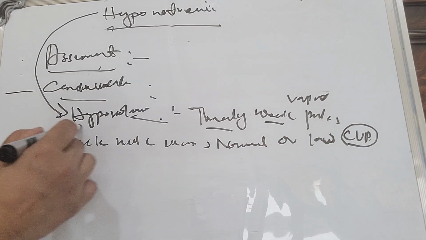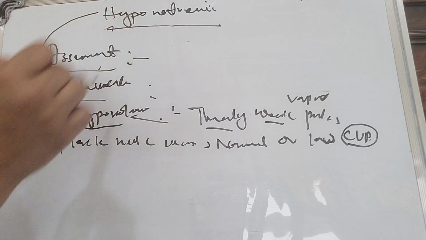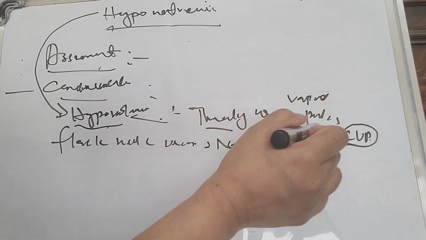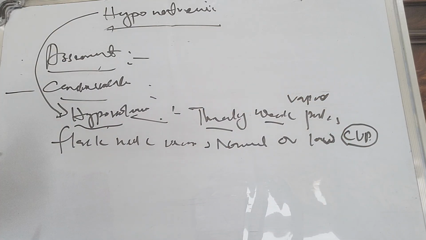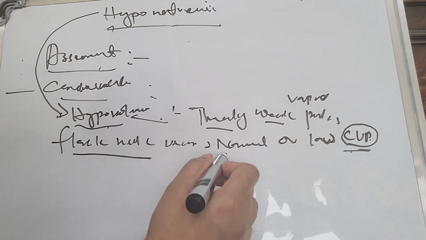So if the cause of hyponatremia is hypovolemia, the patient has a thready, weak, rapid pulse, number two, flat neck veins, and the CVP, central venous pressure, may be normal or low.